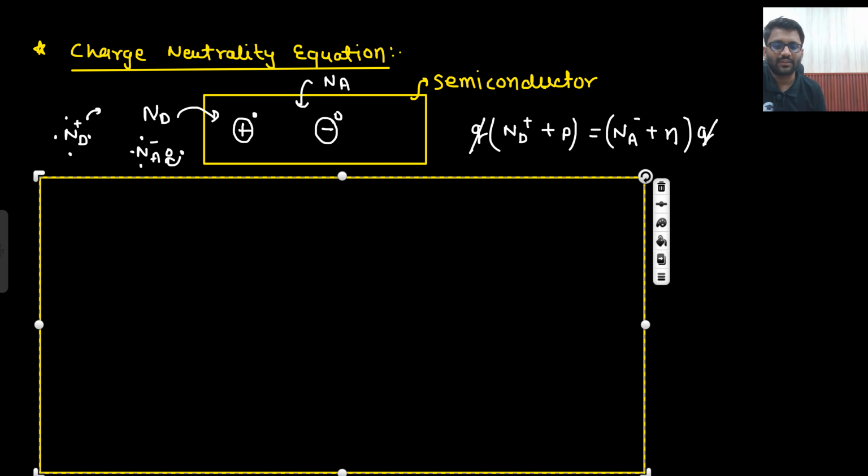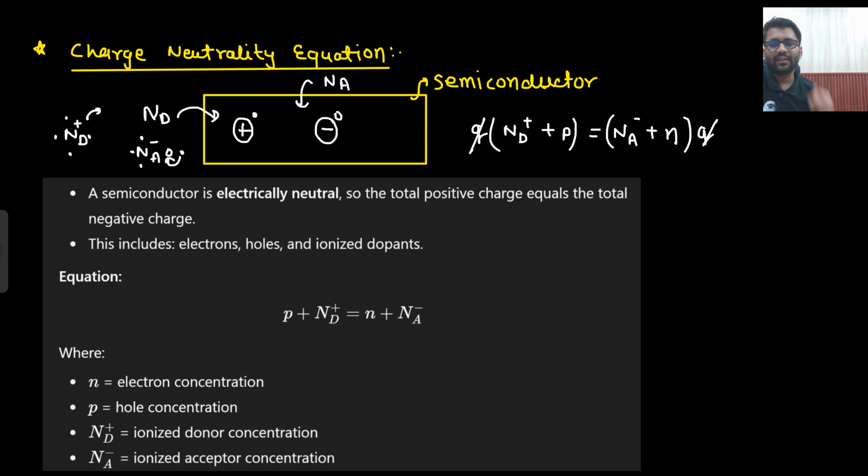Okay, well and good. A semiconductor is electrically neutral, so total positive charge is always equal to negative charge. This includes electrons, holes and ionized dopants. P plus Nd plus is equal to N plus Na minus. So N is the electron concentration, P is the hole concentration, Nd plus is the ionized donor concentration, and Na minus is the ionized acceptor concentration.